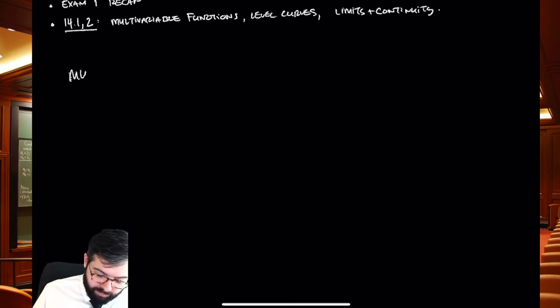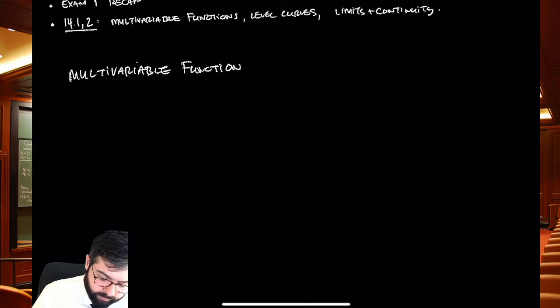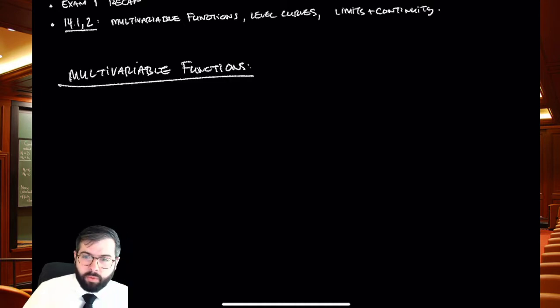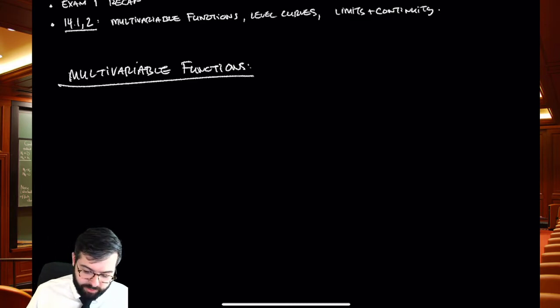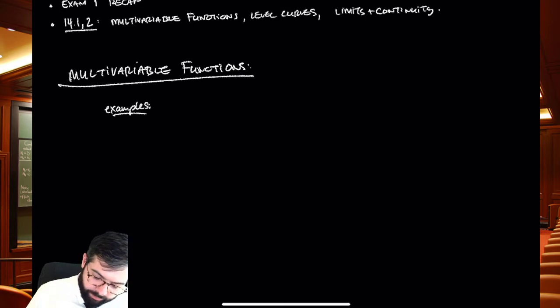So multivariable functions. We're going to start off looking at functions that have a real output for multiple real number inputs. Okay, so here's some examples of what I'm talking about and why this is going to be different from, if you recall, y equals f of x.